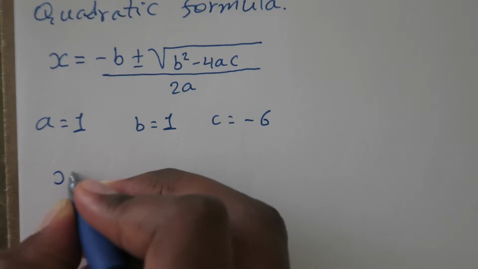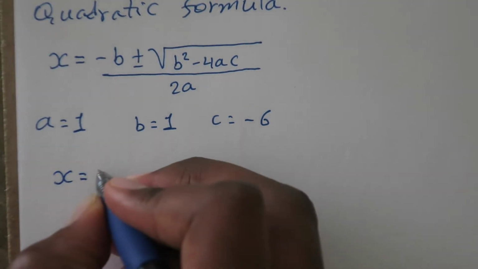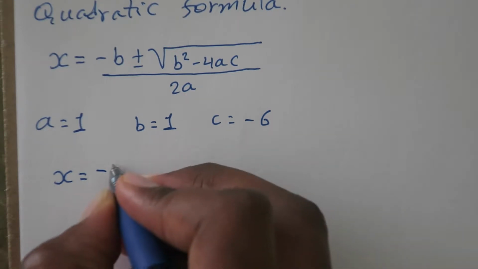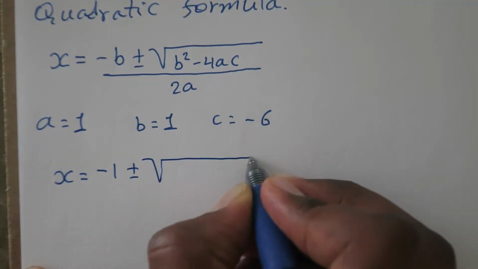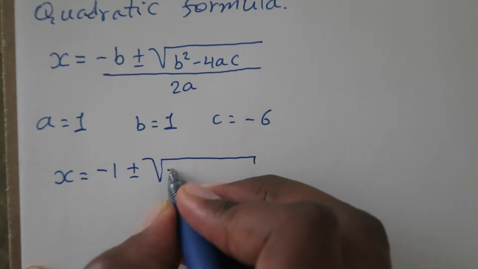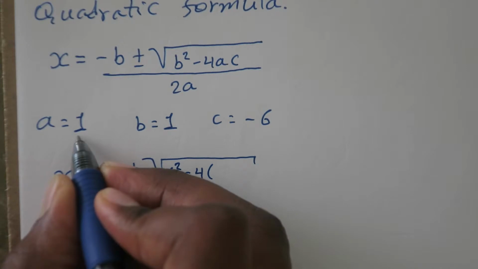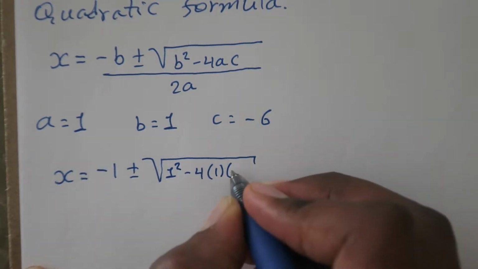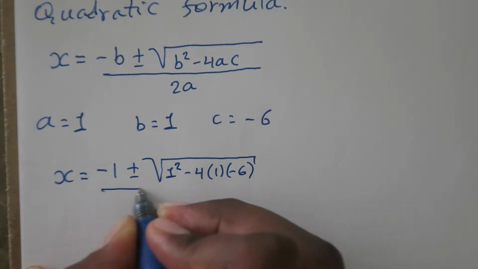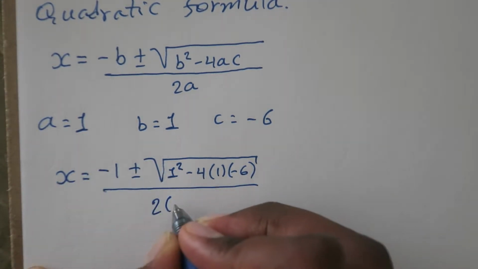That is, the solution can be written as x equals negative of my b value, plus or minus the square root of b squared, so 1 squared, minus 4 times your a value times your c value, and then all over 2 times your a value. Again, my a value is 1.